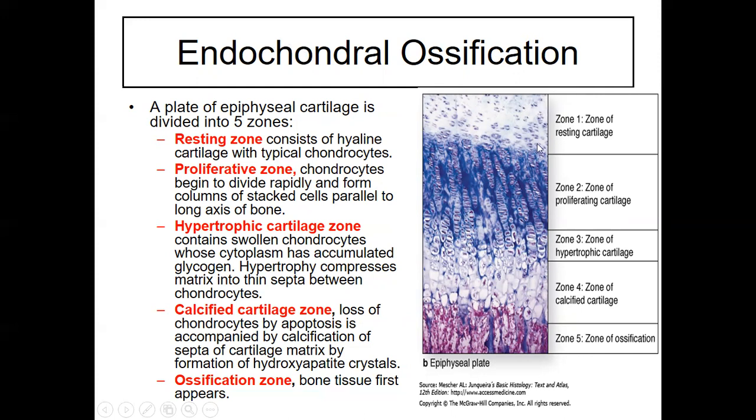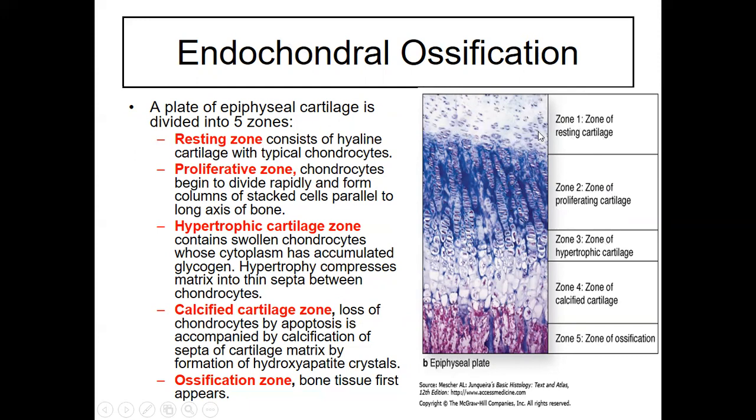So the epiphyseal plate. This is the epiphyseal plate. It is divided into 5 zones: zone 1, zone 2, zone 3, zone 4, and zone 5. Zone 1 is the zone of resting cartilage.